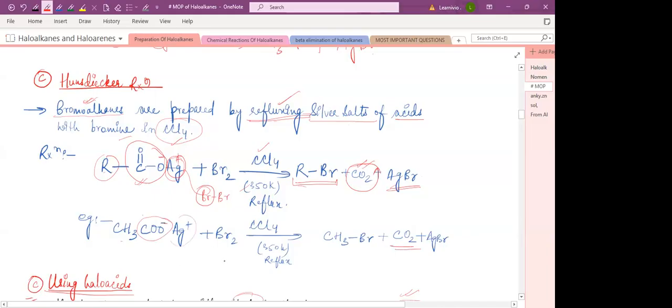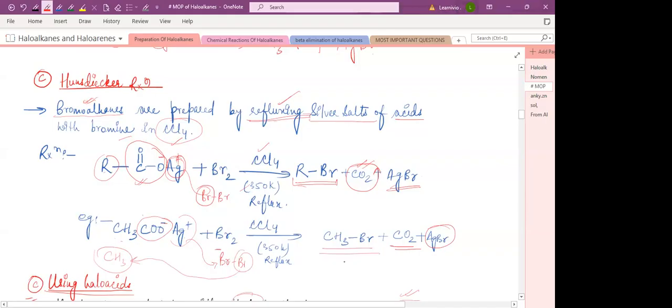Bromine, being an electronegative element, has a negative charge, so the Ag goes with it and forms AgBr. CH3 is an alkyl group, somewhat electropositive, so the bromine attaches to it and gives CH3Br. That's your final answer.